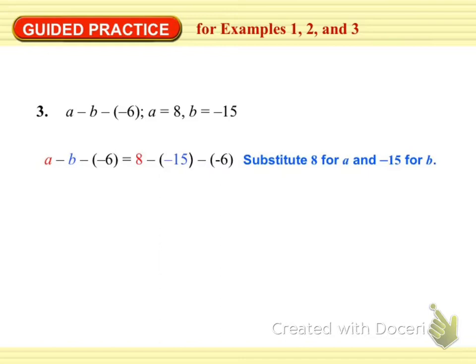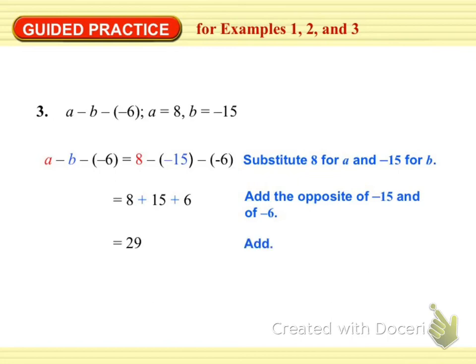This was a textbook company created PowerPoint that I was borrowing. So now we have 8 minus a negative 15 minus that negative 6, as in the original problem. If we change all subtraction signs to addition and add the opposite of the next number, we're adding the opposite of negative 15 and the opposite of negative 6. We can simplify it to 8 plus 15 plus 6. By the rules of integer addition, they're all the same sign, so we just add them together and keep the positive sign for 29.